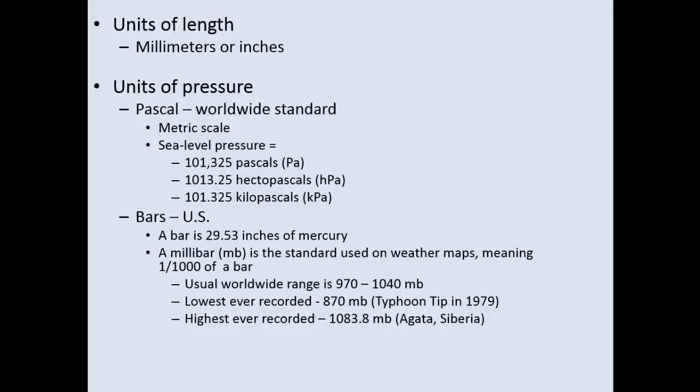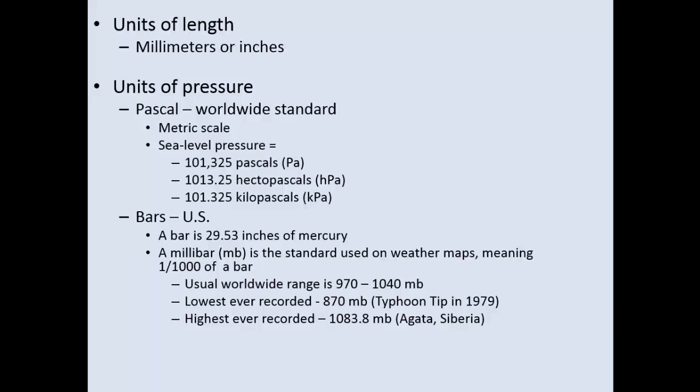Remember what I said, that sea level pressure was 1,013 millibars. We can see here that it's also 1,013.25 hectopascals. So millibar is really a metric conversion. And further down, I'll tell you that 1 bar is equal to 29.53 inches, so 1,013 millibars is then about 29.92 inches.